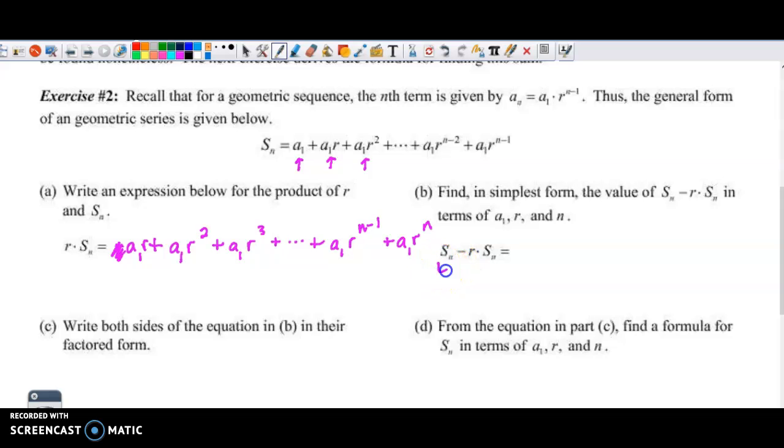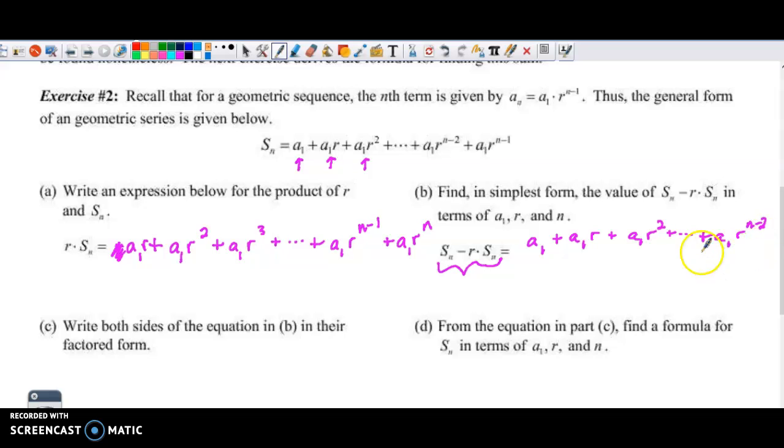So then here's the ingenious part: they rewrote that as S of n minus r times S of n. So S of n is considered a1 plus a1 times r plus a1 r squared, and so on and so forth, up to a1 r to the n minus 2.